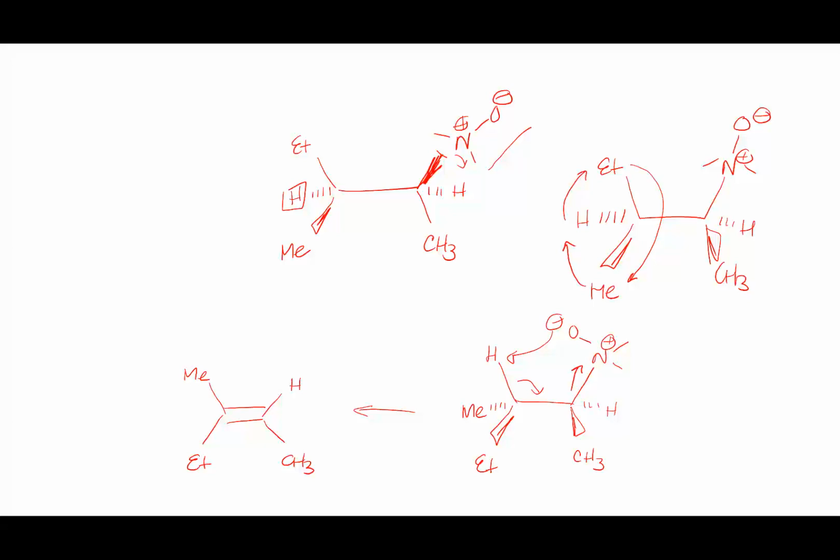So this is the trickiest part of Hofmann and Cope elimination. And notice it wasn't even writing the major product. The major product's easy. Normally for these systems, there's no stereochemistry to form the major product, because the major product had 3 hydrogens. It was a primary carbon with no stereochemistry.